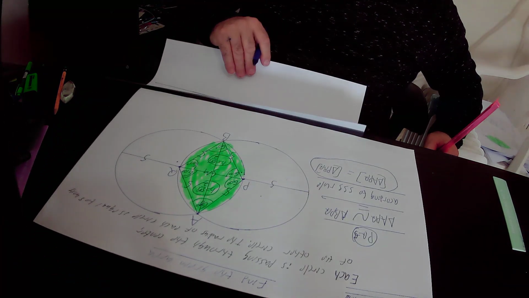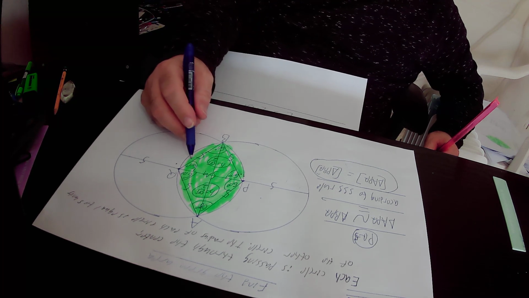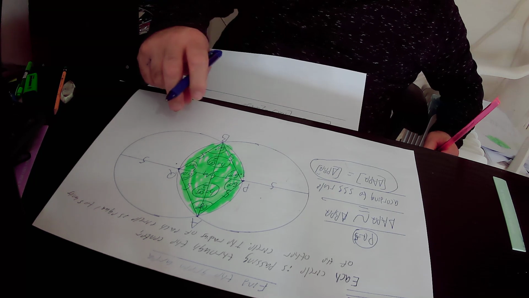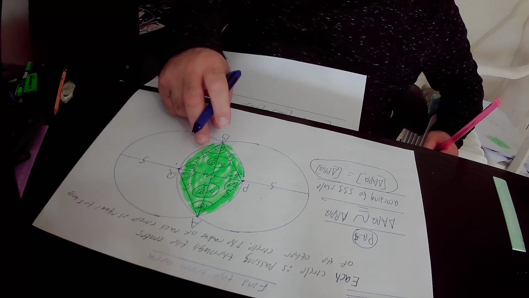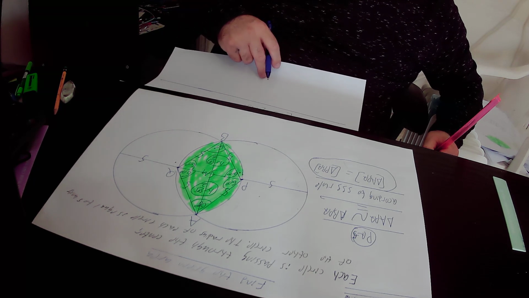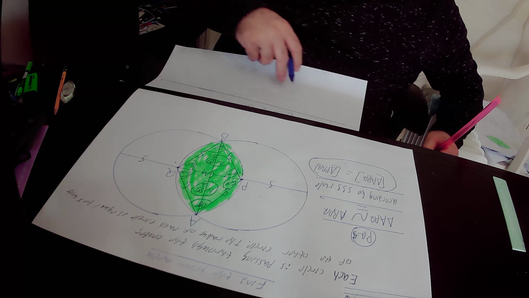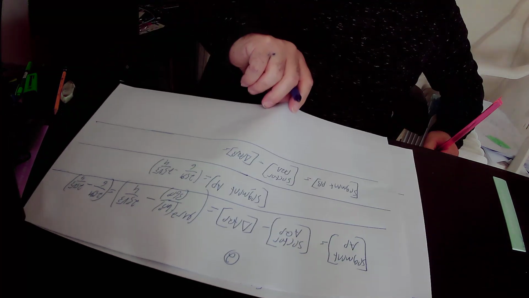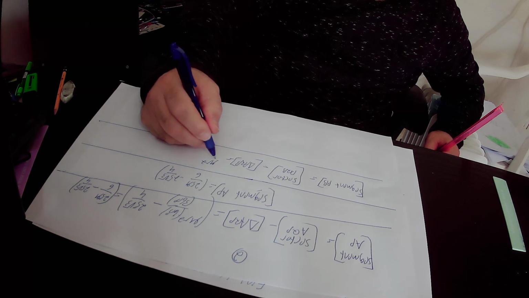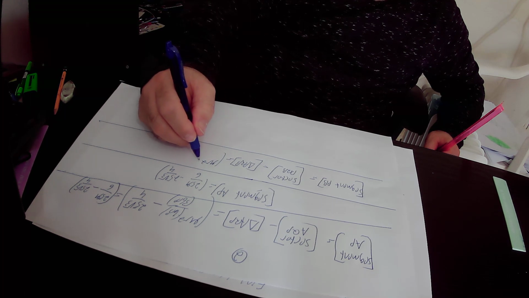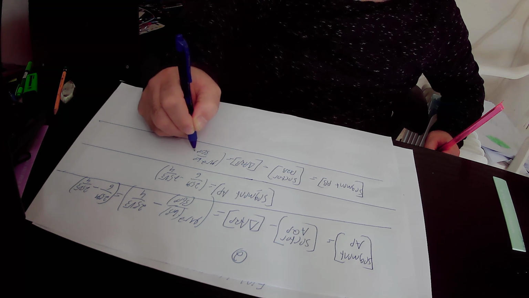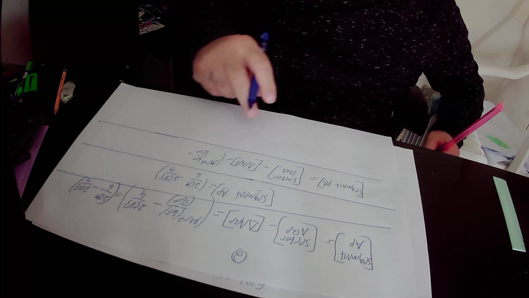So what is the area of sector PQB? The area of sector PQB, this sector, will be equal to pi r squared times 60 degrees over 360 degrees, minus the area of triangle PQB.